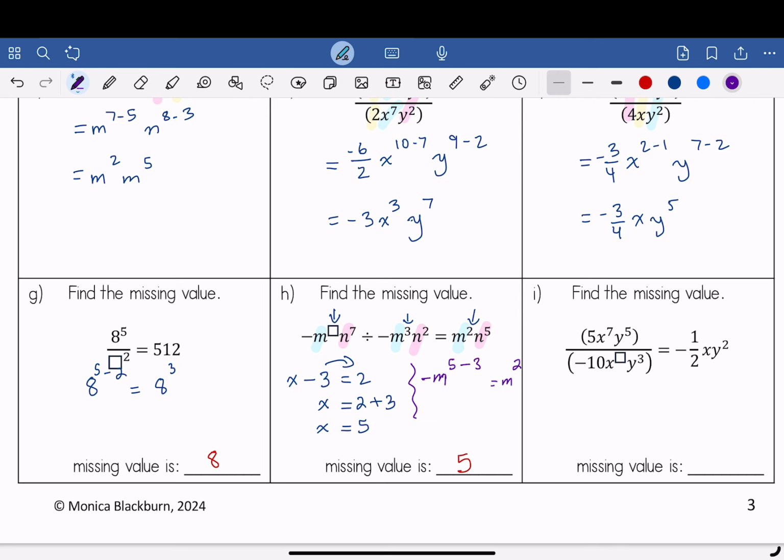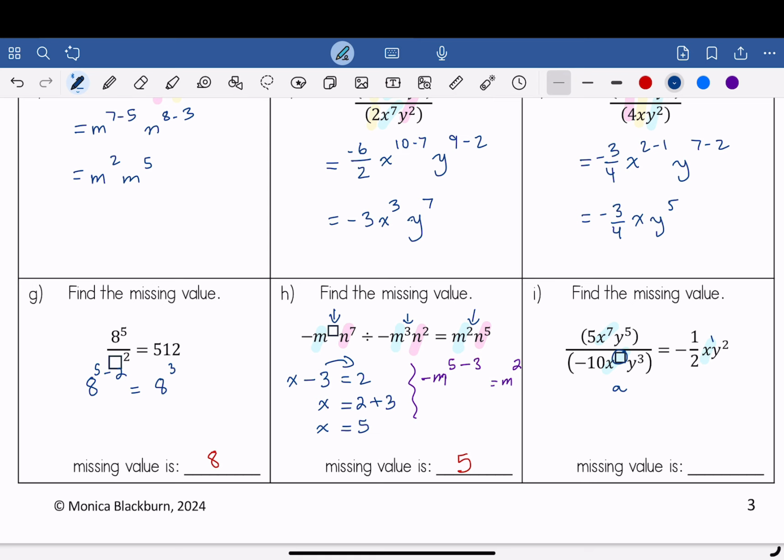Finally, I find the missing value. So we're trying to find the value of the exponent of x. So we'll take a look and compare the x's. So we have x to the power of 7, and our final answer should be x to the power of 1. So again, I'll give this value we're looking for a.